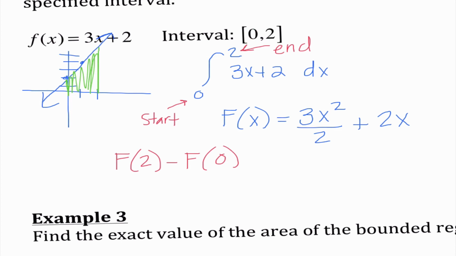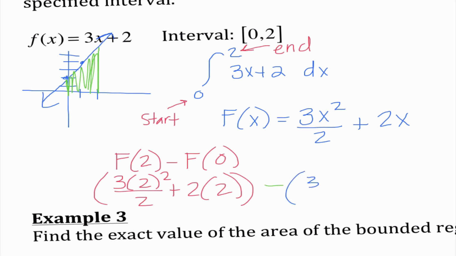If you accidentally switched those two, you would end up with a negative area, which would tell us we are wrong. So I'm going to do 3 times 2 squared over 2 plus 2 times 2, minus 3 times 0 squared over 2 plus 2 times 0.